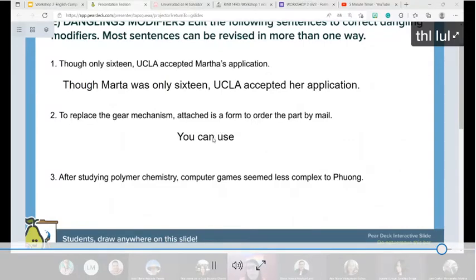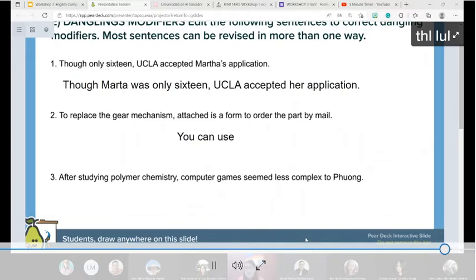Maybe after studying polymer chemistry, computer games seemed less complex. Good. So just pay attention to who is the person performing the action in your sentence.